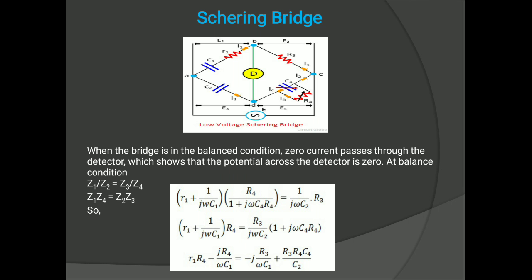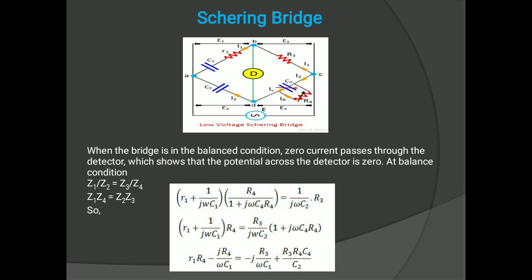When the bridge is in the balance condition, zero current passes through the detector, which shows the potential across the detector is zero. At balance condition, Z1 Z4 equals Z2 Z3. So we can write (small r1 plus 1 by j omega C1) into R4 by (1 plus j omega C4 R4) equals R3 by j omega C2.